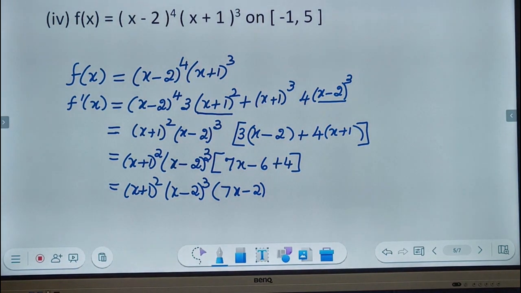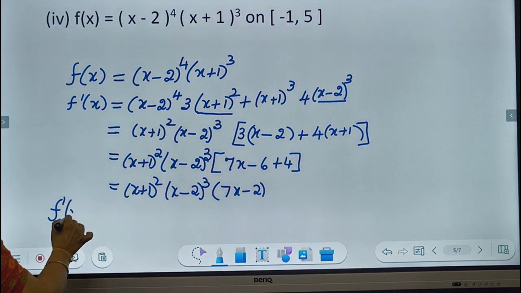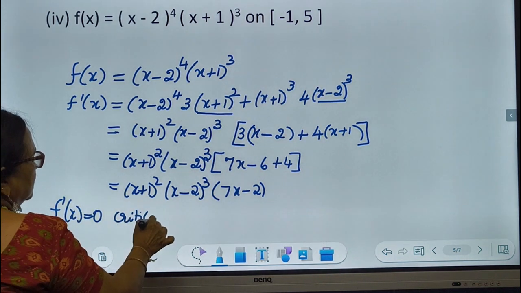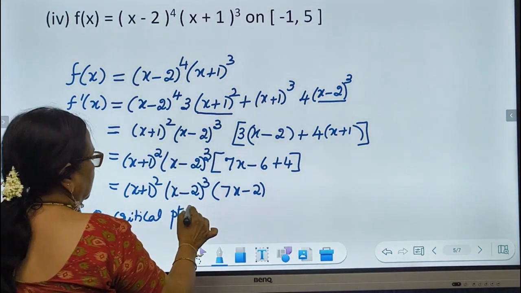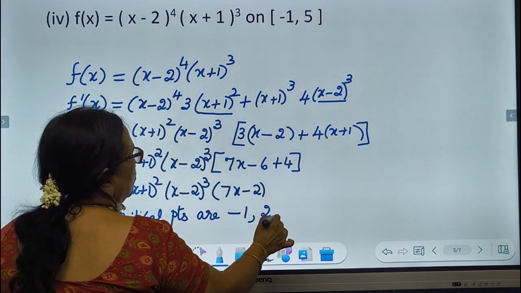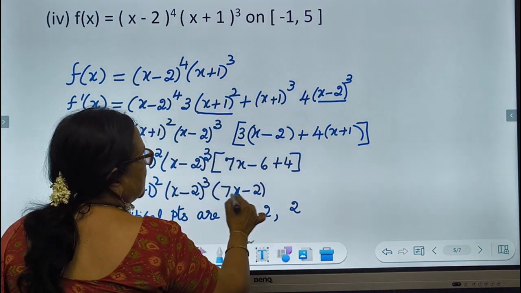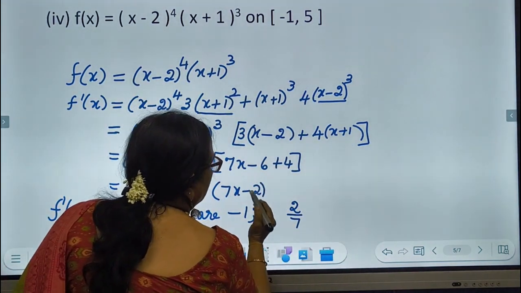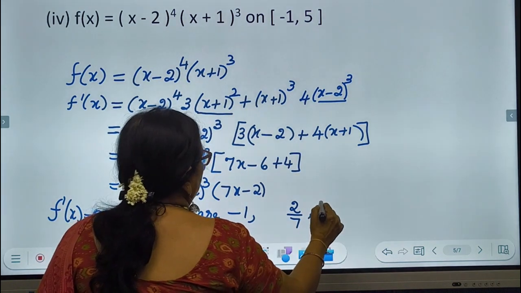Okay. Now, if f'(x) were equal to 0, critical points will be -1, 2 and 2/7. If 7x - 2 is 0, x is 2/7. So I should write it in this order: -1, 2/7 and 2.